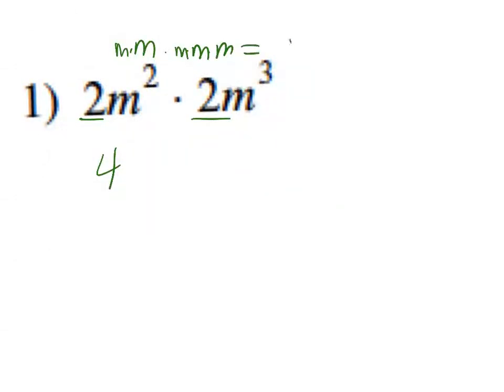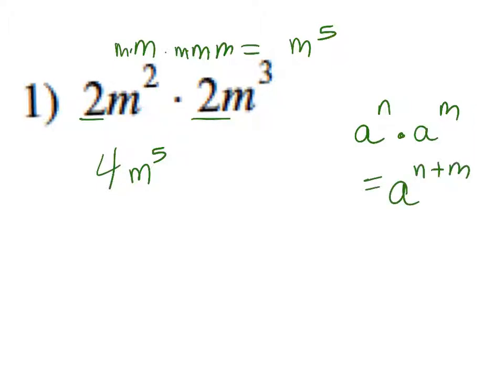So altogether, you really have 5. That's where the rule, when multiplying variables, like a to the n times a to the m, you add their exponents. And when you're raising a power to a power, you multiply. So let me give you an example of that as well.